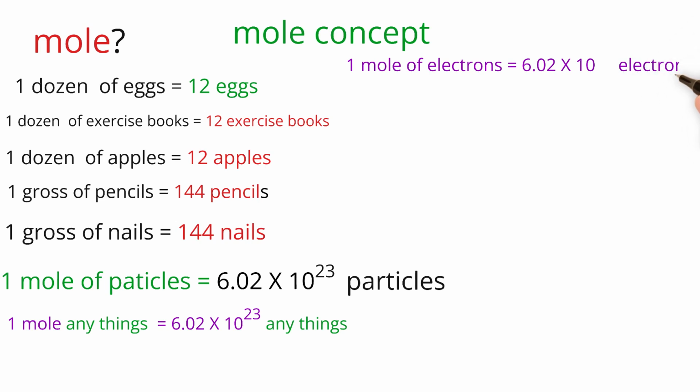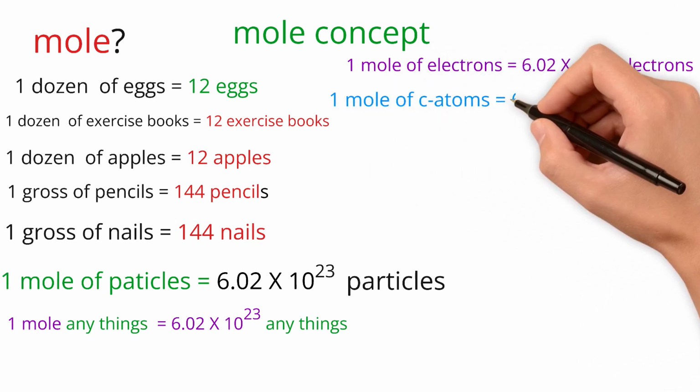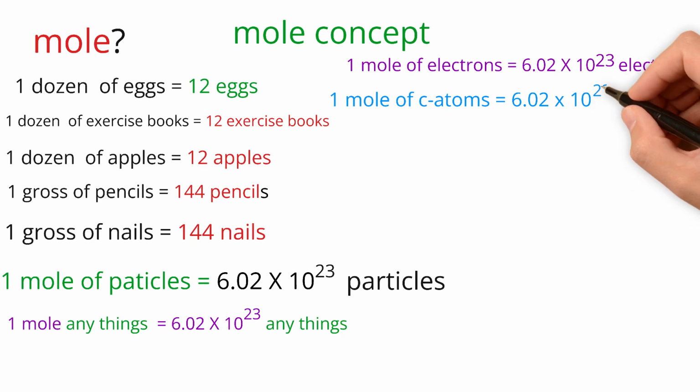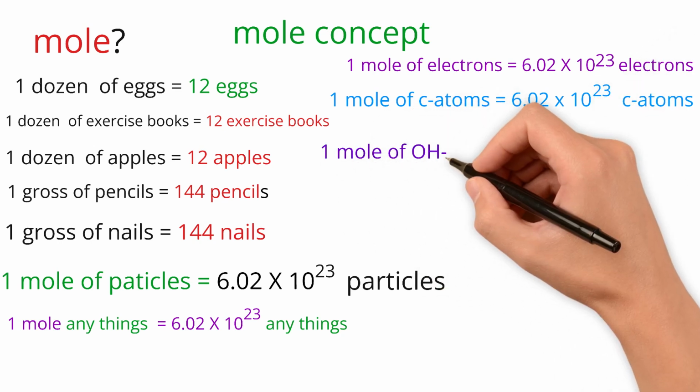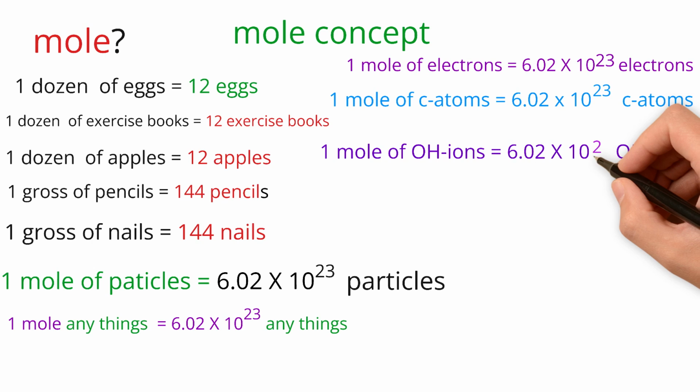For example, 1 mole of electrons contains 6.02 times 10 to the power of 23 electrons. 1 mole of carbon atoms contains 6.02 times 10 to the power of 23 carbon atoms. In 1 mole of hydroxide ions, there are 6.02 times 10 to the power of 23 hydroxide ions.